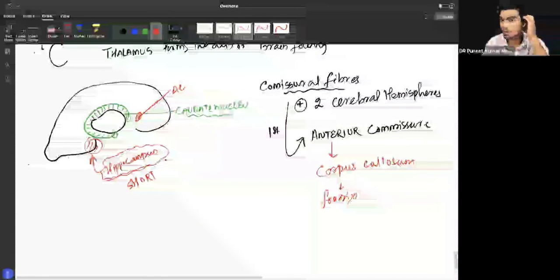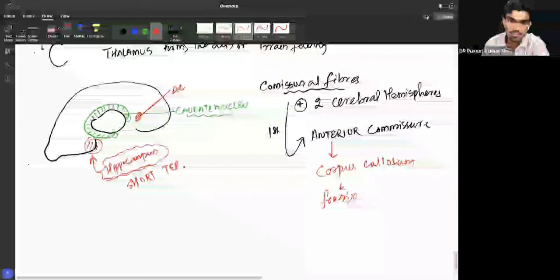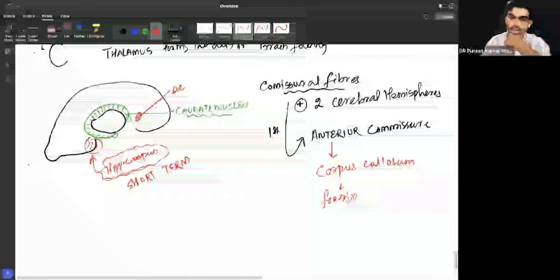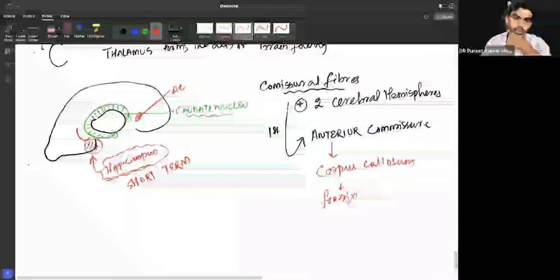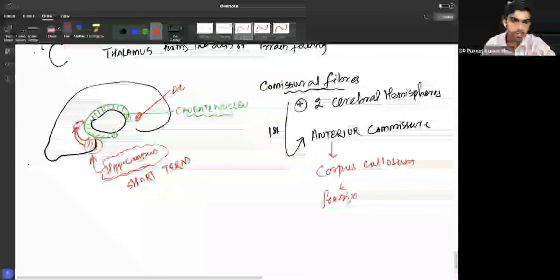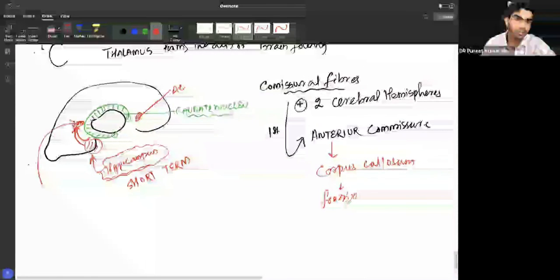When you revise the thing again and again, the hippocampus sends the impulse to another structure present posteriorly, called the mammillary body. This is the mammillary body.